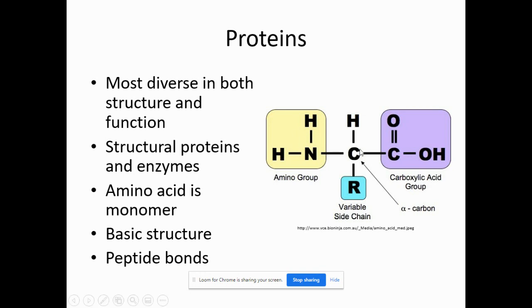They are made between the carbon right here, this carboxylic acid group, and the nitrogen of the neighboring amino acid. If you had this amino acid bonded to this amino acid, then this H and this OH would go off to make water, because this is a condensation reaction. And so this carbon and the nitrogen from the neighboring amino acid would be bonded together, and that would be the peptide bond.